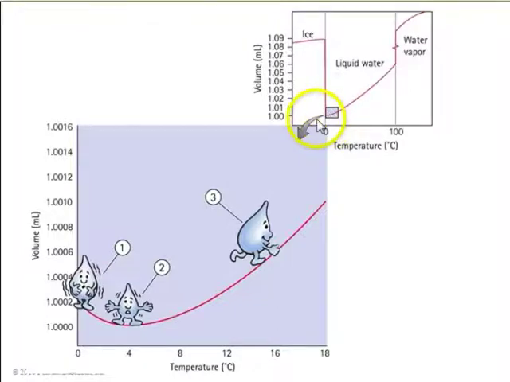And if you zoom in on this little part, you will see that the density continues to increase, so that the most dense temperature for water is plus 4 degrees Celsius. Then if you keep increasing, the water gets less dense again as it expands. It continues expanding until it boils, and then water vapor has a very, very low density.